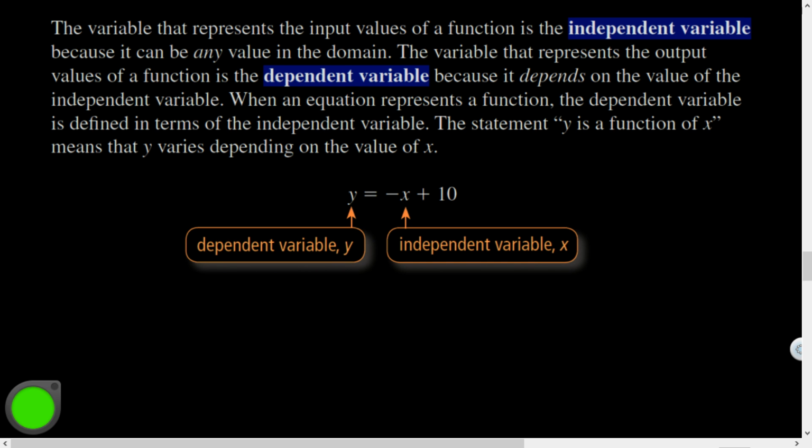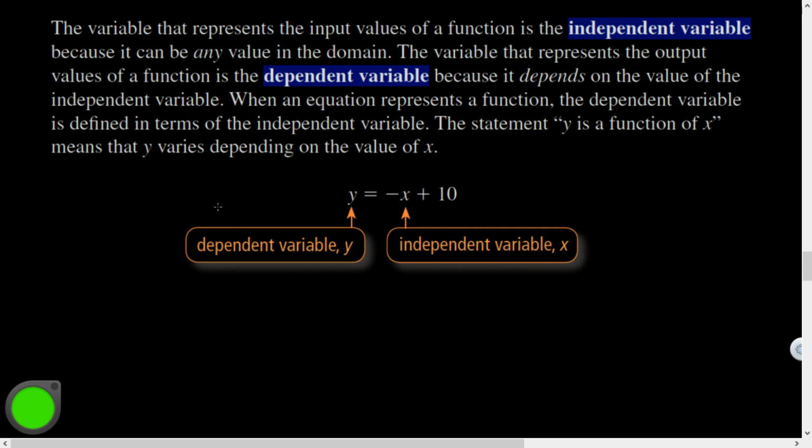The variable that represents the input values is called the independent variable, because it can be any value in the domain. The variable that represents the output values of a function is called the dependent variable because it depends on the value of the independent variable.